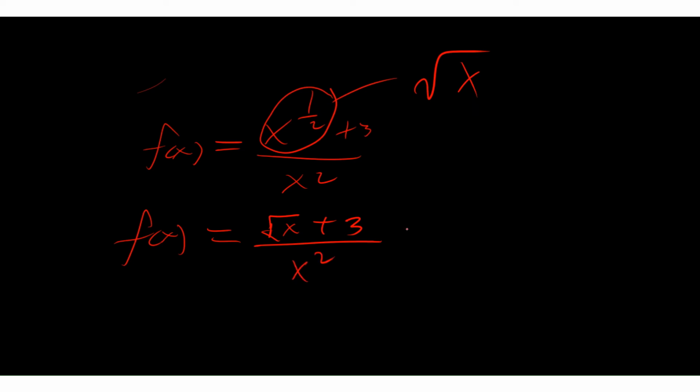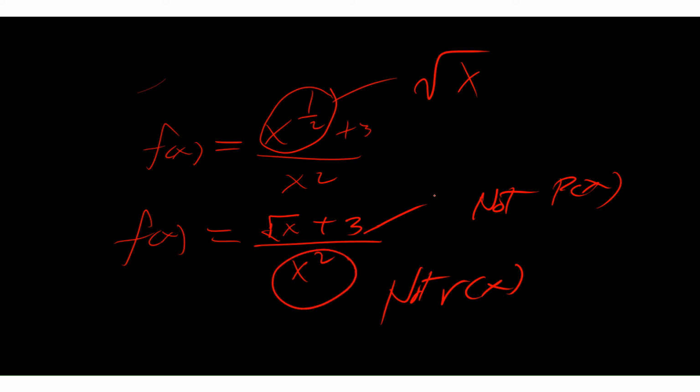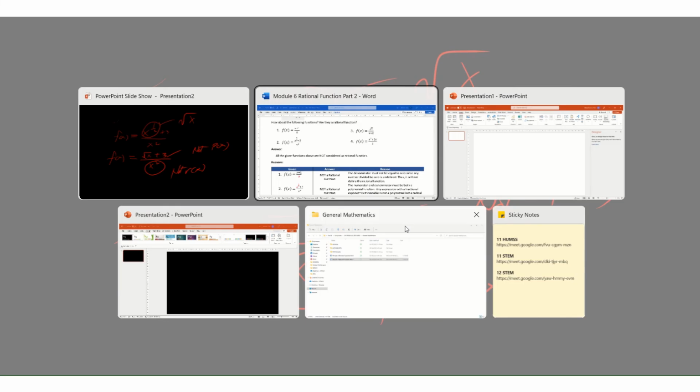Di ba dapat rational function is a ratio between two polynomial functions. But since yung numerator natin is not a polynomial function, therefore, this is not a rational function. So ito, this is a polynomial, pero ito, this is a radical function. Therefore, this is not rational kasi yung numerator natin is a radical function.